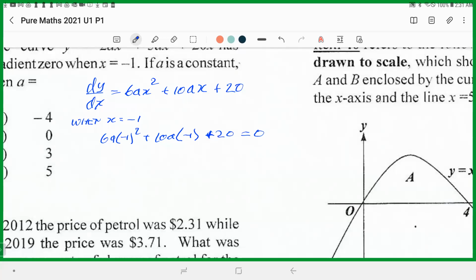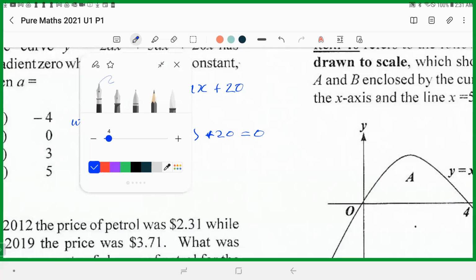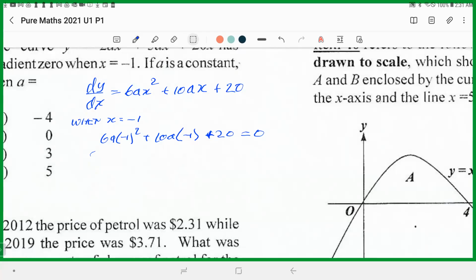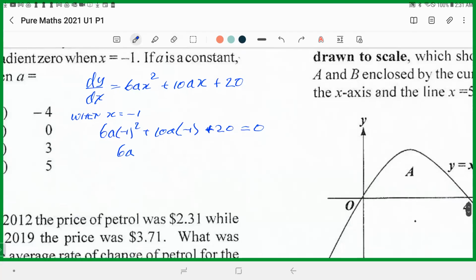Now this becomes, step by step, this is 6 times a. Minus 1 squared is positive, right? This is just 6a. Then this is going to be minus 10a. And that minus 10a plus 20 equals 0.